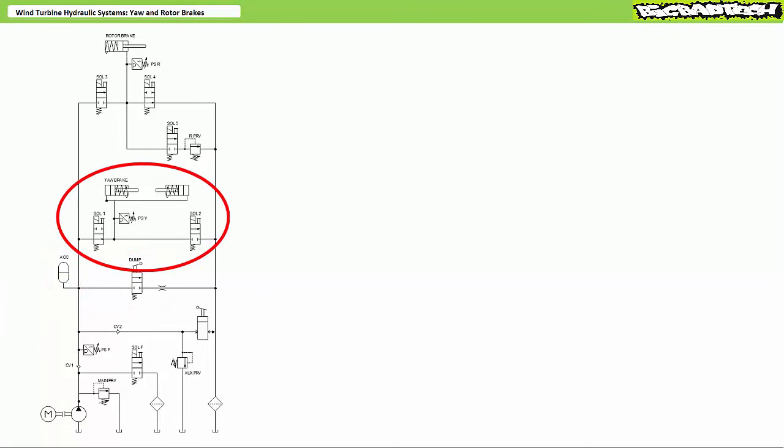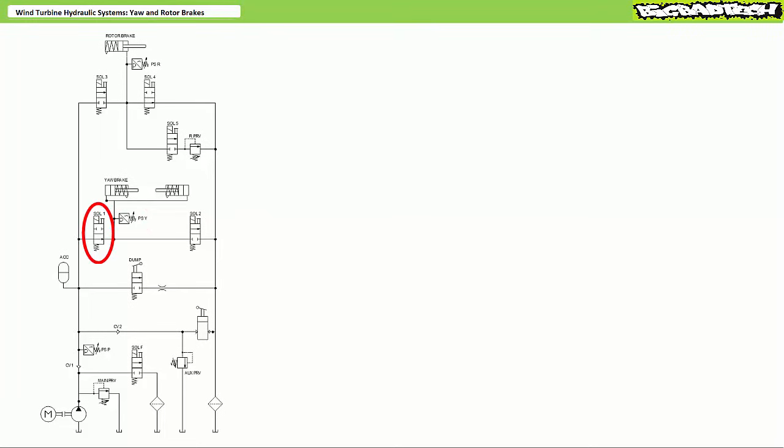Next level up, we got a pair of hydraulically extended, spring-retracted cylinders labeled yaw brake connected in parallel. This is undoubtedly yaw brake and is most likely a fixed caliper system since it's using 2 cylinders. There appears to be a pressure switch on the cap ends of the yaw brake cylinders called PSY. There are 2 directional control valves at this level.